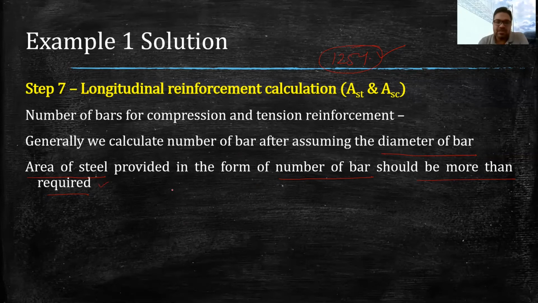If the number of bars comes out as 2.3, we will approximate this as 3, not 2. In that case we are providing more bars than required, which means the area of cross section provided will be more than the required. So this is what I am trying to explain.